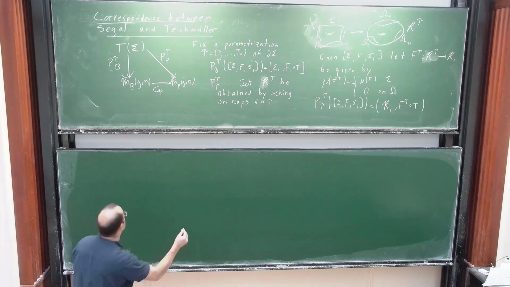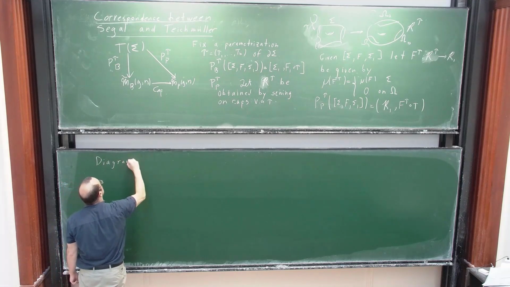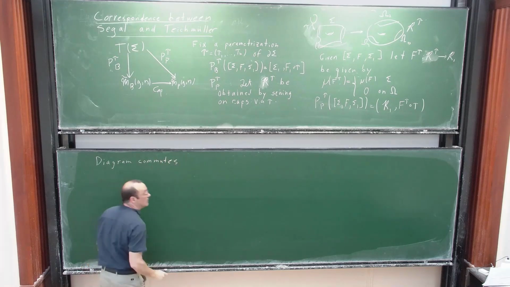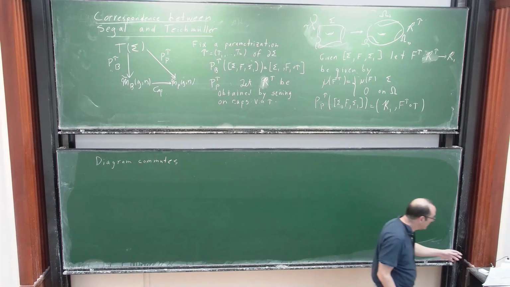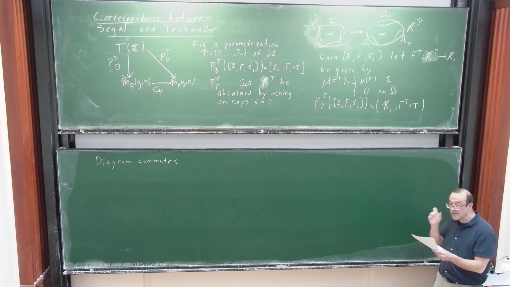So first of all, this diagram commutes. All of these maps are well defined, which is not entirely immediate, but it takes some work.